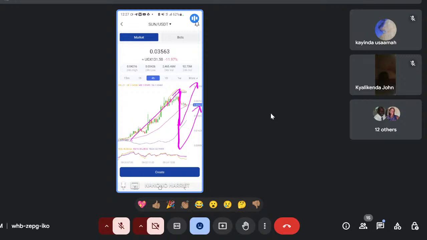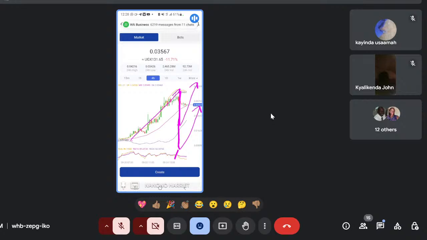And again, when you look at the RSI, the yellow line is down. In fact, it is even far away from the other lines. So it is not good to enter.